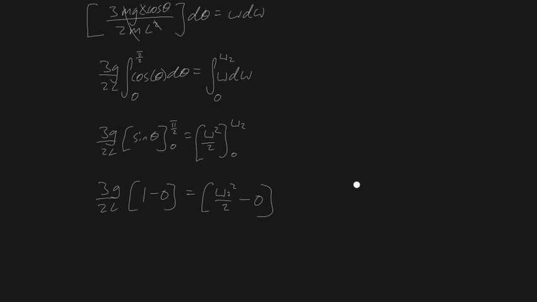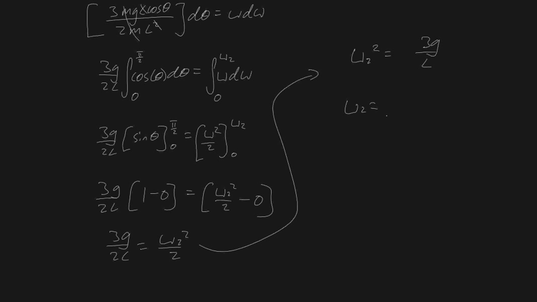Solving the algebra, you're left with 3g on 2l is equal to omega 2 squared on 2, leaving you with the final solution. Omega 2 squared is going to be, once the 2's cancel off, 3g on l. And you're left with omega 2 equal to the square root of 3g on l.